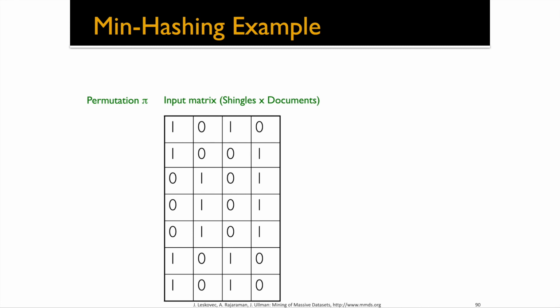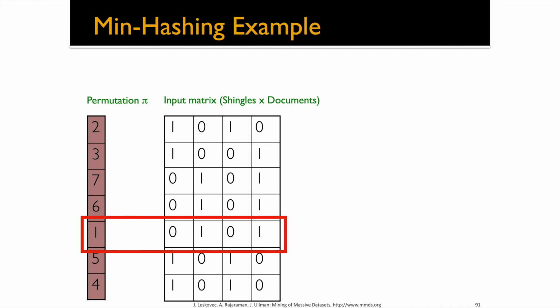So what does this look like? Let's walk through an example of what we're doing here. We have our input matrix, which has columns for documents and rows for shingles, and we have this permutation vector, which allows us to reorder the rows of this document matrix. And what we want to do with minhash is look for the first element in this permuted order that is non-zero.